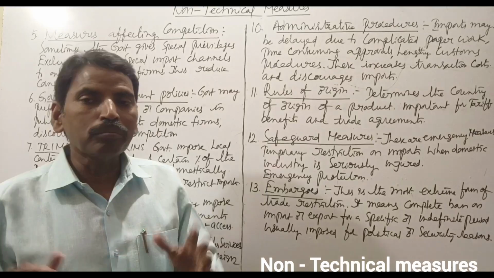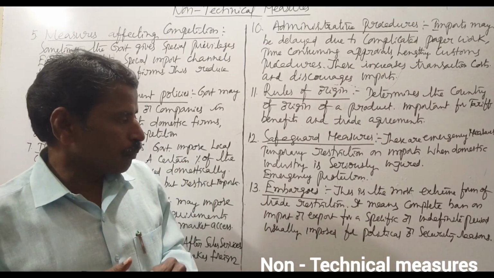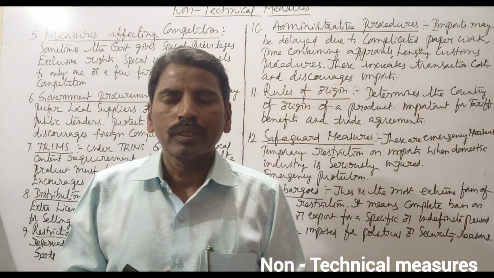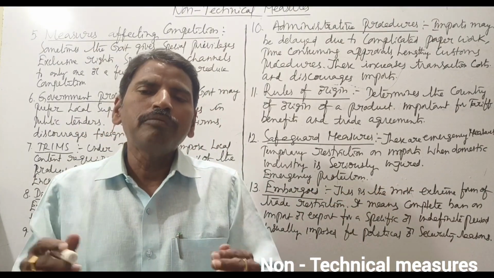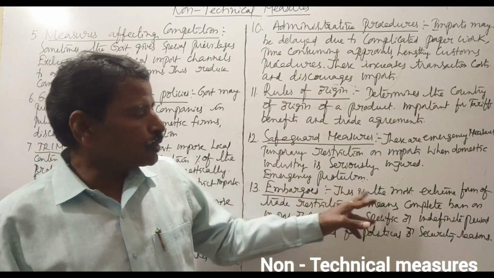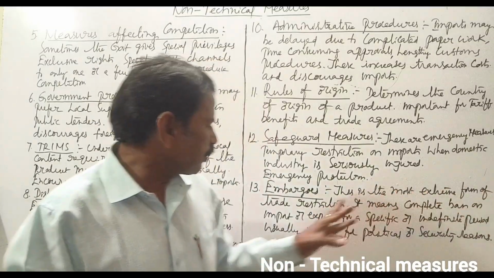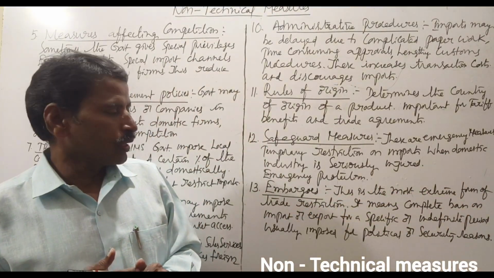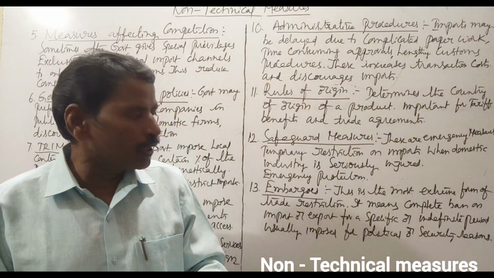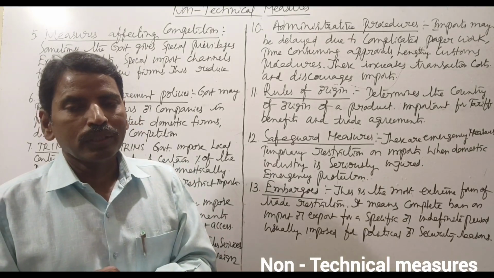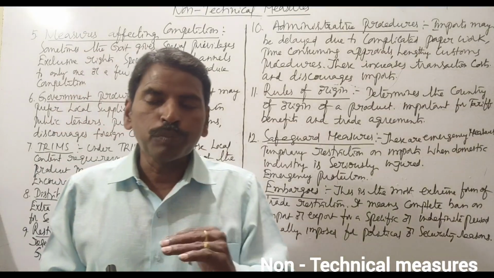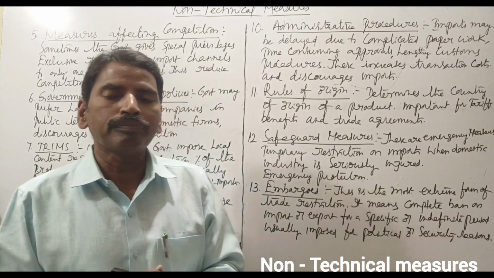Next, the last one is embargoes. This is the most extreme form of trade restriction. It means complete ban on imports or exports for a specific or indefinite period of time.